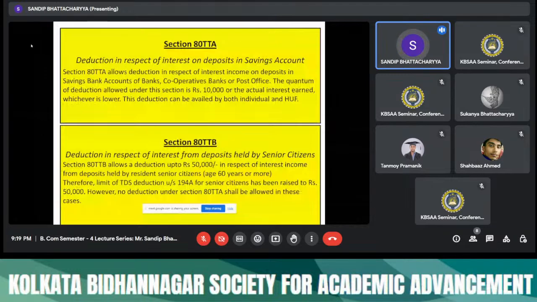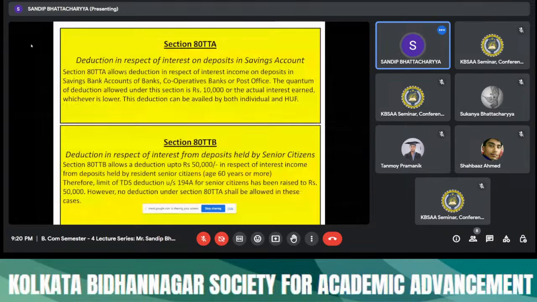I repeat this once again, if you have a savings bank account and your age is less than 60 years, then you will get a maximum deduction of 10,000 from the savings bank interest. For example, suppose I have 2 savings bank accounts and from these 2 savings bank accounts I receive 15,000 savings bank interest and my age is below 60 years. So in income tax under section 80TTA I will take deduction up to 10,000; 5,000 I will not take. But remember, this is only savings bank, not FD, not MIS, not RD, not recurring, not any deposit other than savings bank. 80TTA only savings bank for normal, that is the below senior citizen.